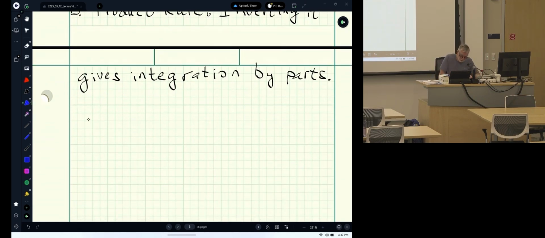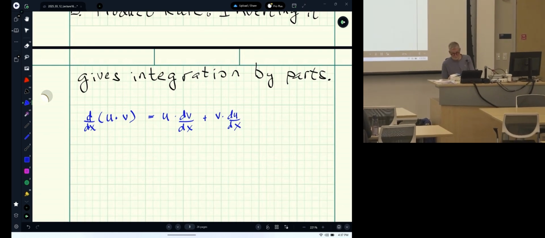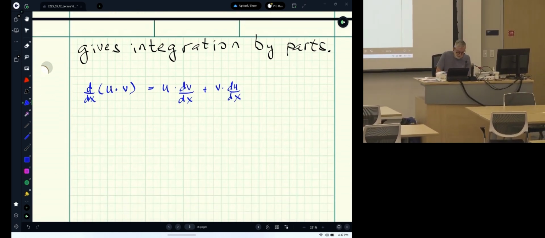Okay, so the product rule says if I differentiate the product of two functions, u times v, you can write it in several ways, but this is a good one: u times dv dx plus v times du dx. Then you multiply both sides by dx.